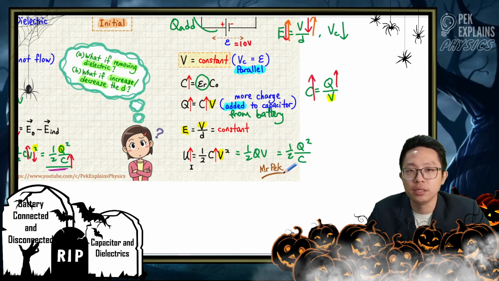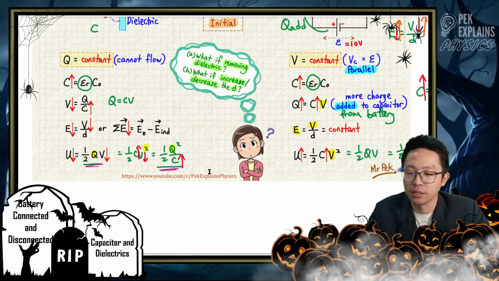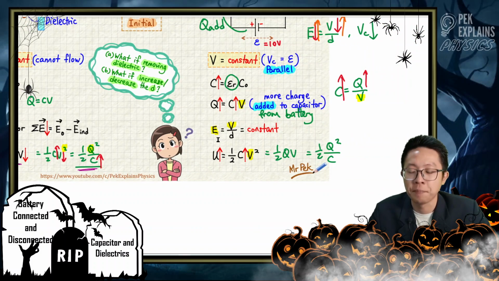So the potential energy is expected to increase also. Or you just use this formula, half CV square. Voltage is constant, C increases, U increases. Potential energy increases. Last time the potential energy decreased. This one, potential energy increases.